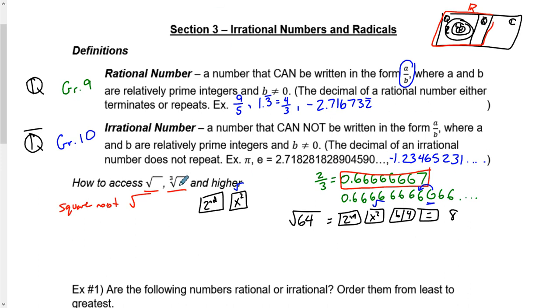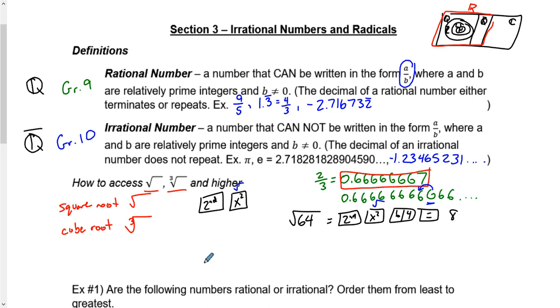Some calculators, for example, the Texas Instruments XA, do access the cube root. So what that is, it is a 3 as your index with your radical.